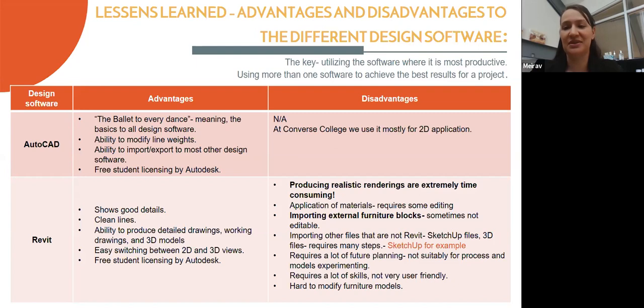Eventually I showed that to my students. They were happy, but it takes a few steps. So that's maybe another disadvantage. It requires a lot of future planning. Sometimes, if we're using a different type of software, we're testing things out as we're doing them. We kind of have what we call our testing model.